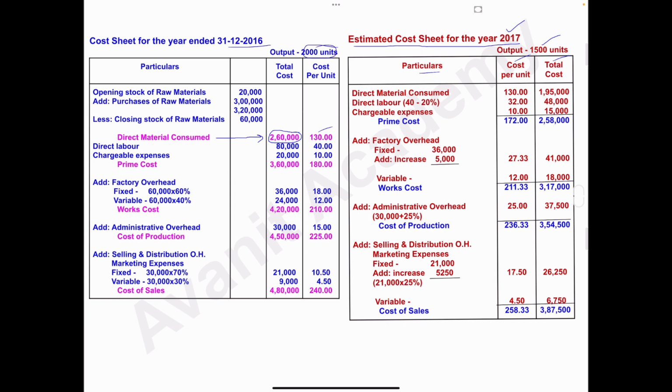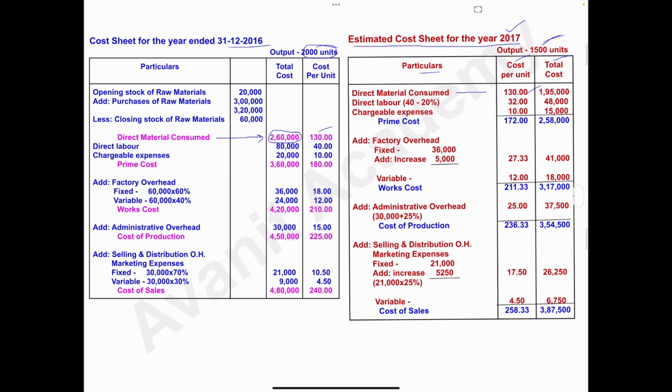In 2017 the production is 1,500 units. So the cost per unit value written here is what we have to take to prepare the estimated cost sheet for the year 2017. Direct material consumed cost per unit is 130.